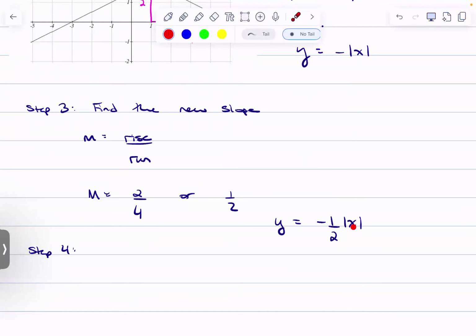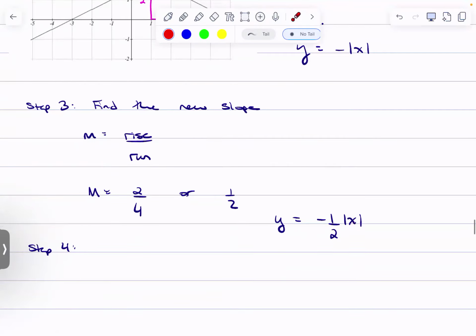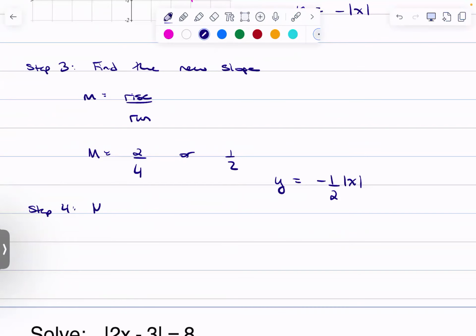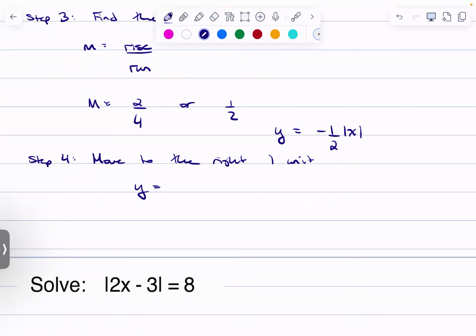X minus 1. For me, that's counterintuitive, but that's how we move to the right. Okay? And so here, move to the right 1 unit, putting me at y equals negative 1/2 times the absolute value of x minus 1.